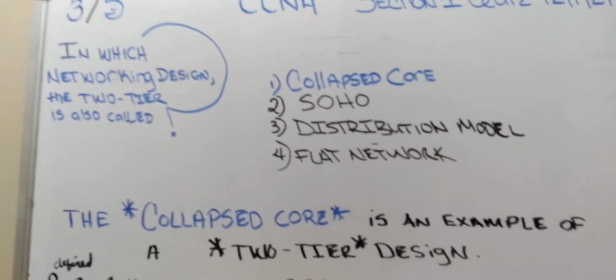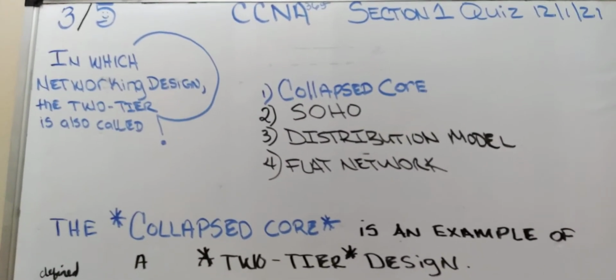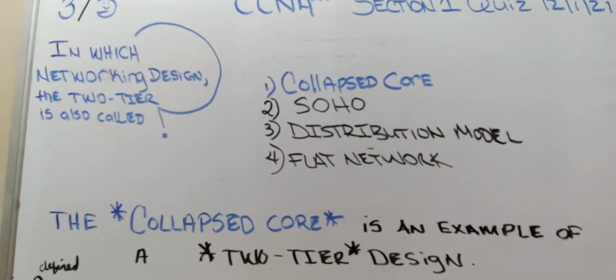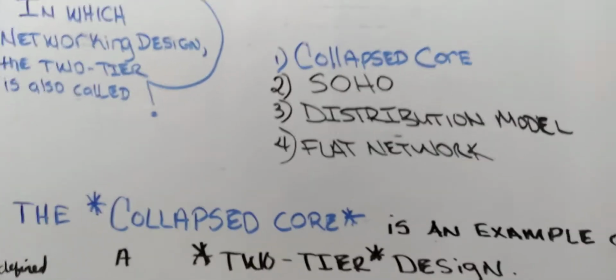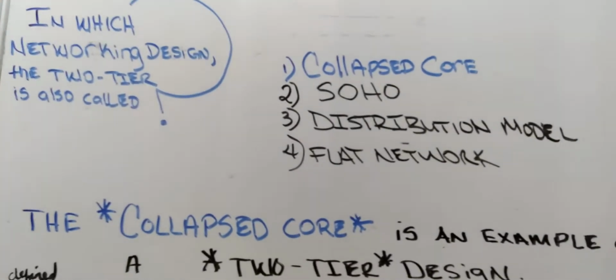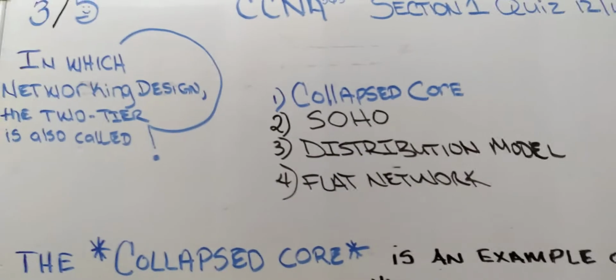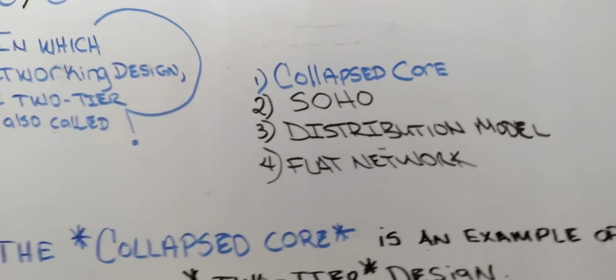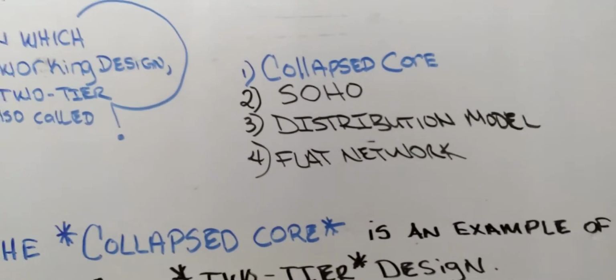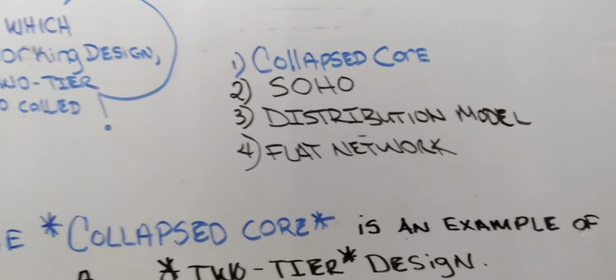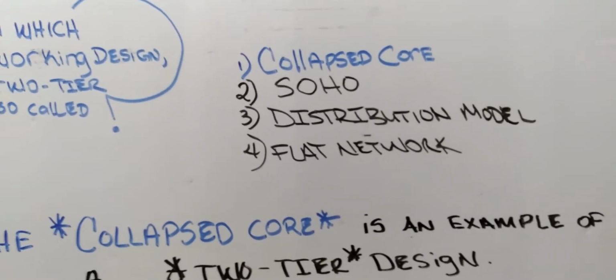And number 3 is, which network design is the 2-tier also known as? What is it also called besides 2-tier? The answer choices we have are 1, collapsed core, 2, SOHO, 3, distribution model, and 4, flat network.